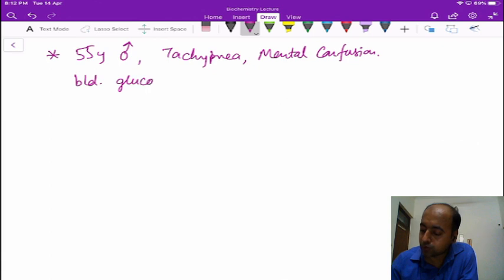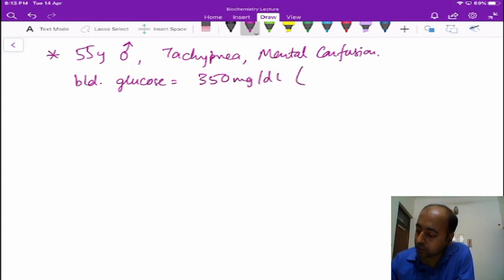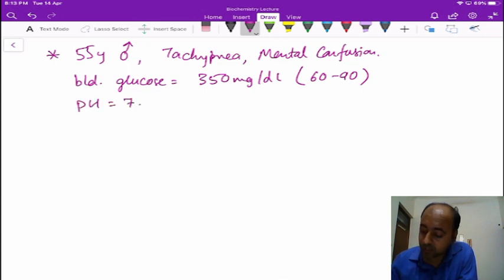Blood glucose is 350 milligram per deciliter. Normally it is in the range of 60 to 90. pH is 7. Urine shows ketone bodies.